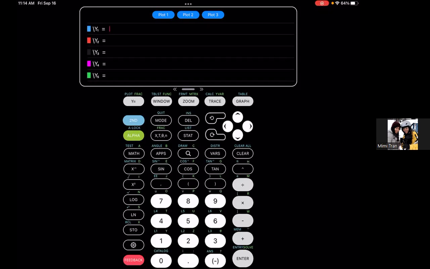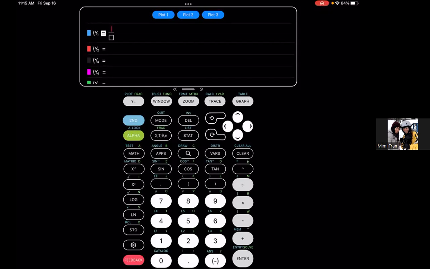So you have to press the alpha first, then press this button, then it gives you a fraction. If you don't have fraction, you have to do 1 divided by, and then parentheses. If you don't have the parentheses, it's going to read differently. It's going to say 1 divided by 3x, and then the whole thing minus 6, instead of under the denominator.